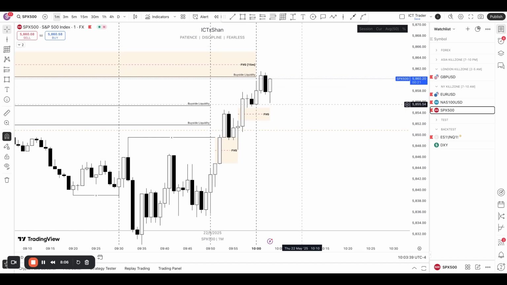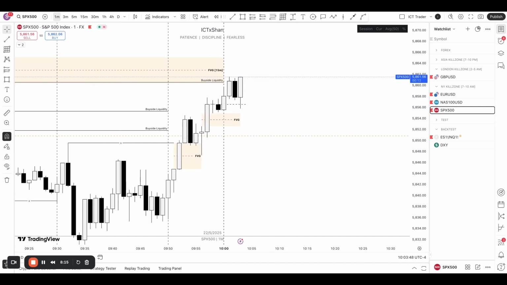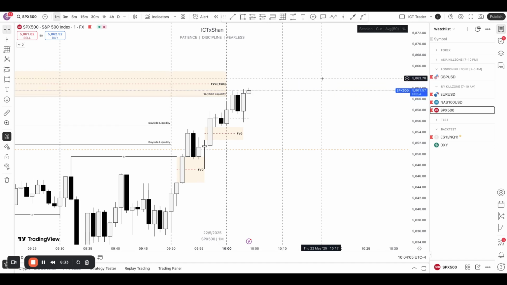You can see the impulsive move from here. Okay, still respecting the OB at this point. Okay, it tapped into the 50 minutes power gap. We'll see how it reacts at this point.